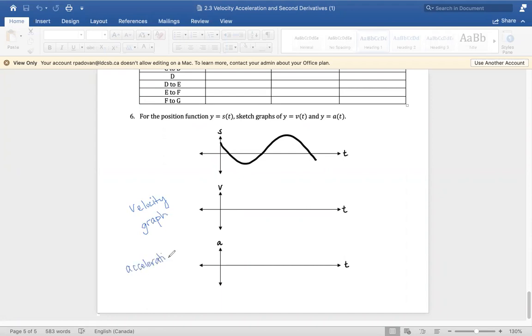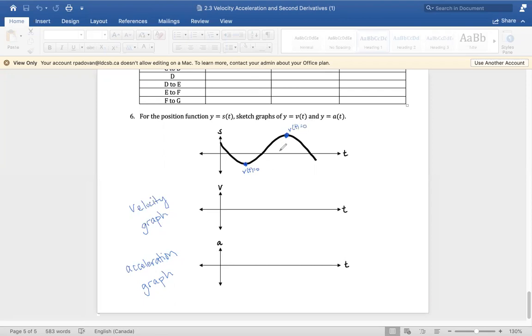So just looking at the graph above, can I convert that? Based on also looking at the bike riding graph up above, this point here is my minimum point, right? And this point here along this displacement function is my maximum point. So at these points, I'm not moving, right? So at these points, I'm going to say my velocity is 0.